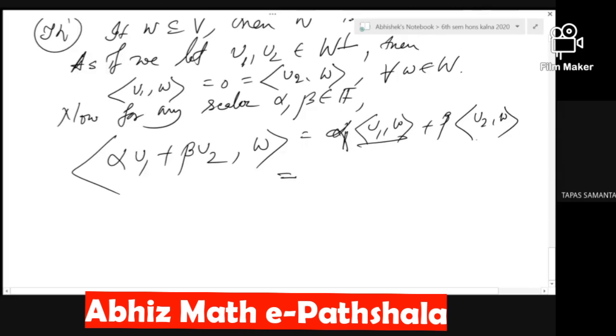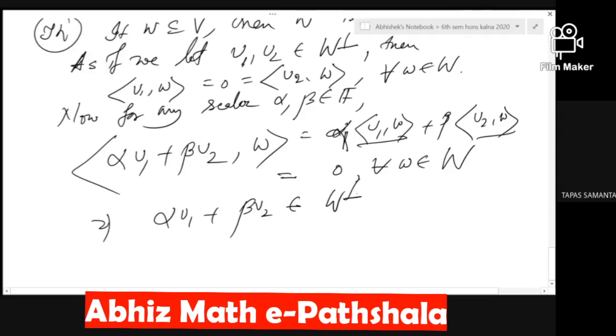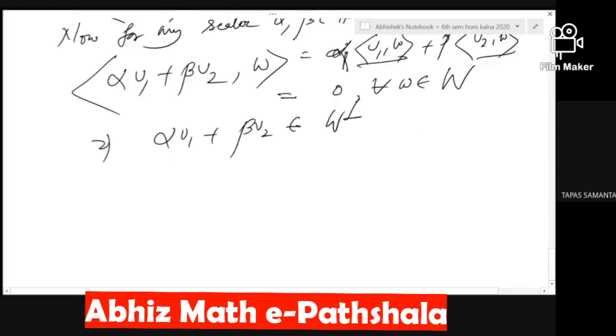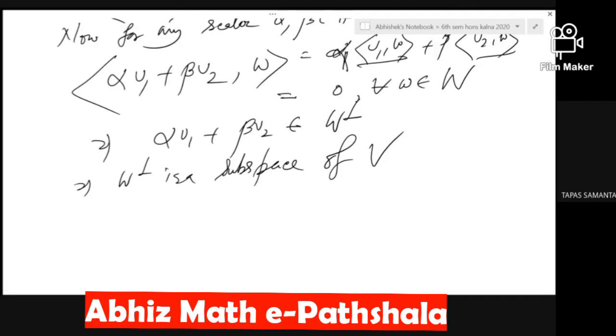Now these two inner products are 0, so that means it is 0. And this is true for all w belonging to capital W, and that means alpha V1 plus beta V2 belongs to W perp. And this proves that W perp is a subspace of V. Whether W is a subspace or not, W perp is always a subspace of the vector space V.